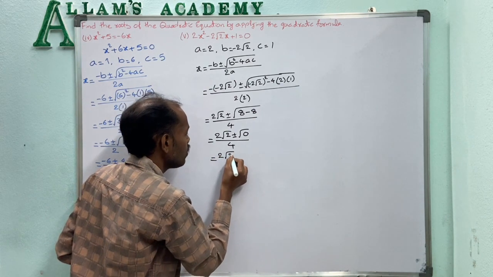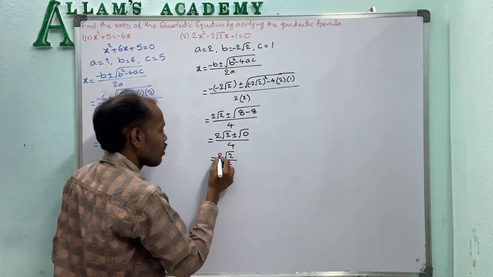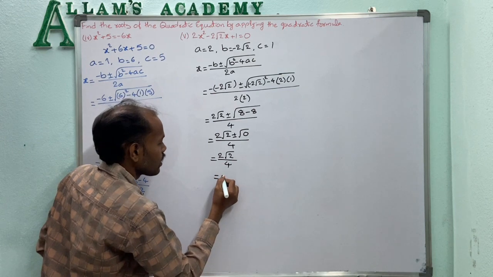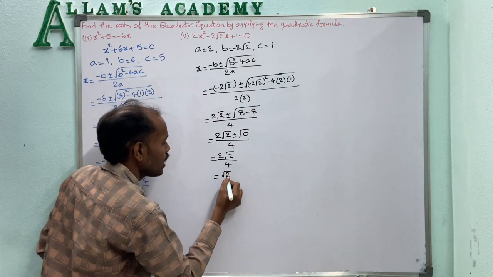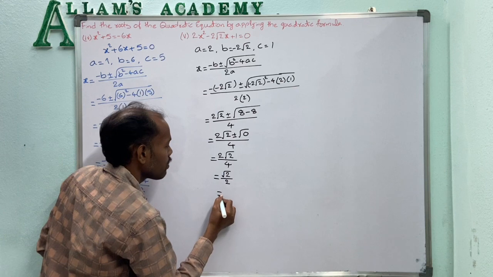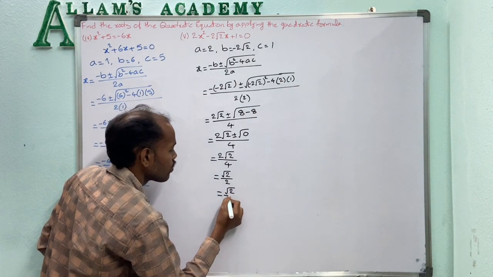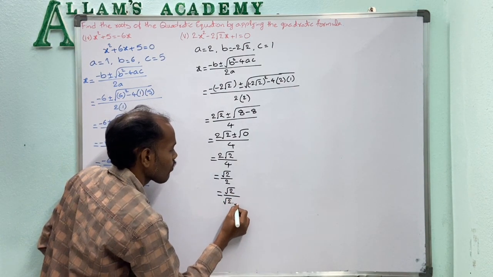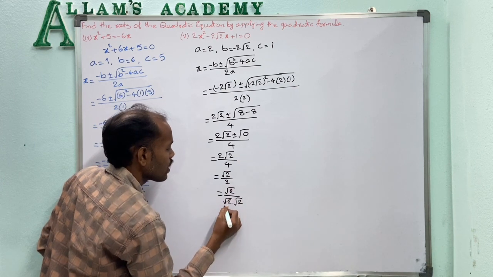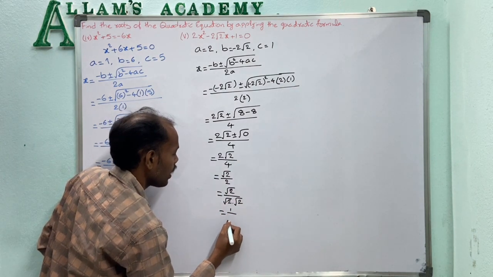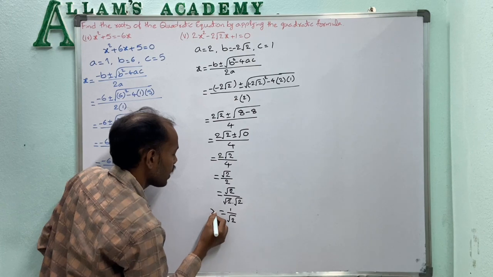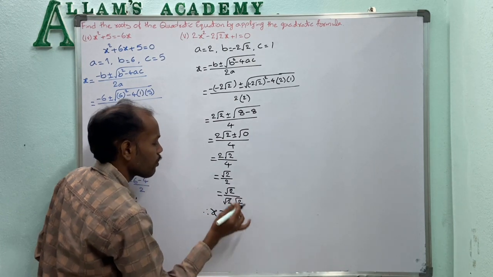So 2 root 2 by 4. Now 2 1s are 2, 2 2s are 4, that means root 2 by 2. Now 2 can be written as root 2 into root 2. So root 2 gets cancelled, that means 1 by root 2. So the x value is nothing but 1 by root 2.